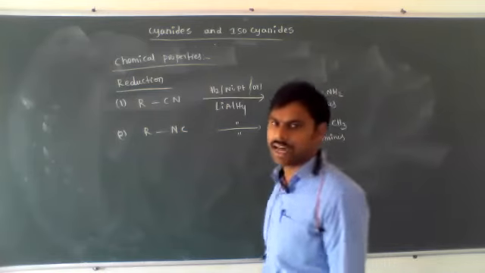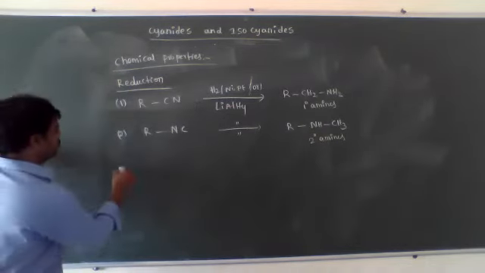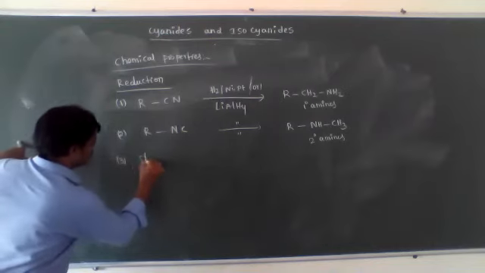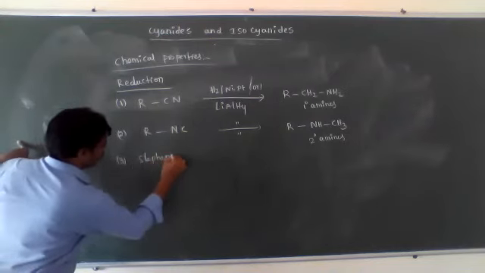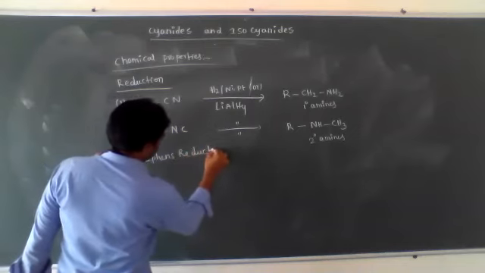Stephen reduction we already discussed, where cyanides are converted into aldehydes. That is called partial reduction. The third one is Stephen reduction.